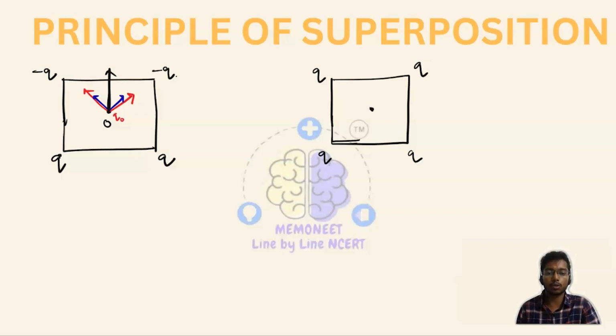If we place one charge q naught at the center, the force due to this charge will be in this direction, and due to this charge it will repel with the same amount in this direction, and for this charge it will be in this direction, and for this charge in this direction. These four vectors are equal in magnitude, as the charges are equal and the distances from the center are also equal. So the net force at point O will be 0.